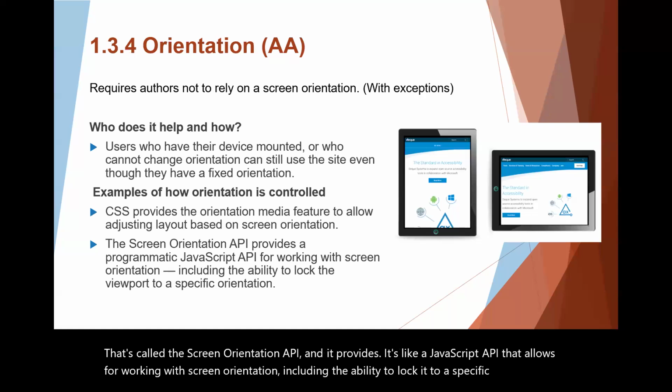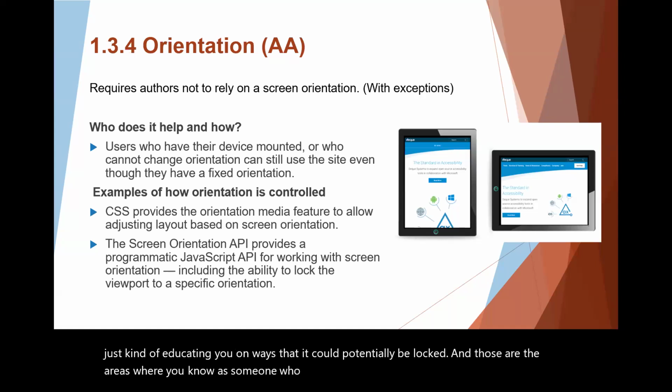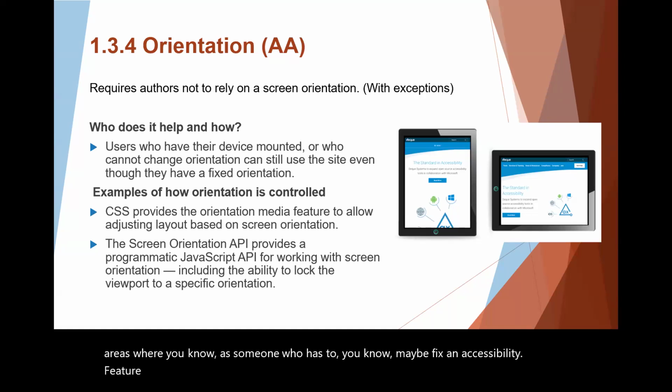So I'm just educating you on ways that it could potentially be locked. Those are the areas where, as someone who has to fix an accessibility issue related to orientation, these are the kind of places where you would look if there's an issue with that.